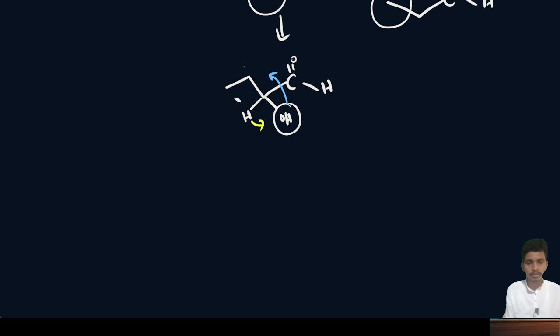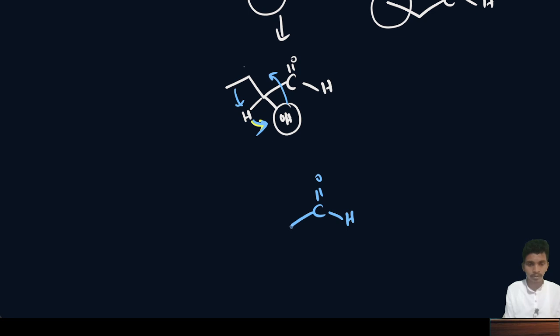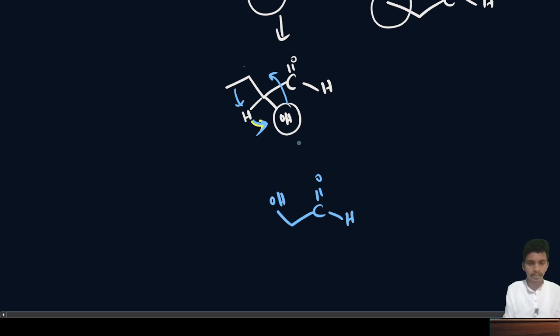Now this OH will be on this side, this group will be on this side, and H is going to be on this side. So now Z is seen to this carbonyl group.